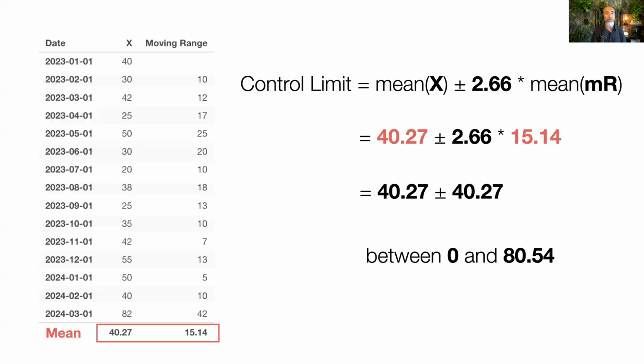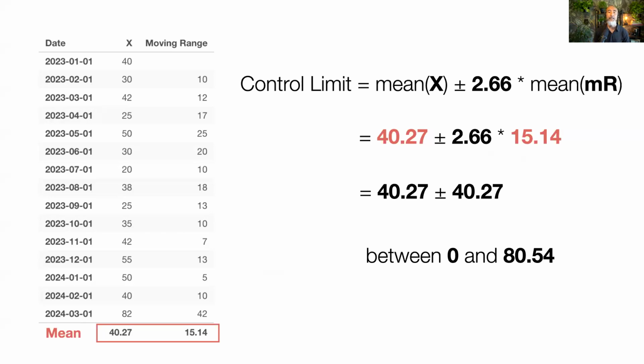In the previous example, we got 40.27 as the mean of X, and 15.14 as the mean of MR, or moving range. Put those two numbers in the formula and you can calculate the control limit. In this case, the mean of X is 40.27, and the plus or minus part happens to be about the same number, 40.27.